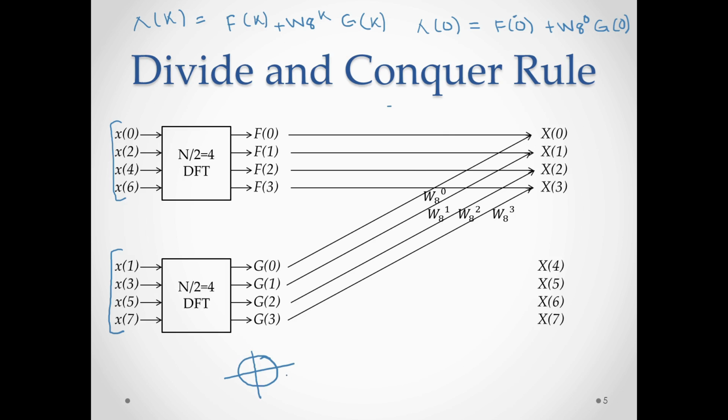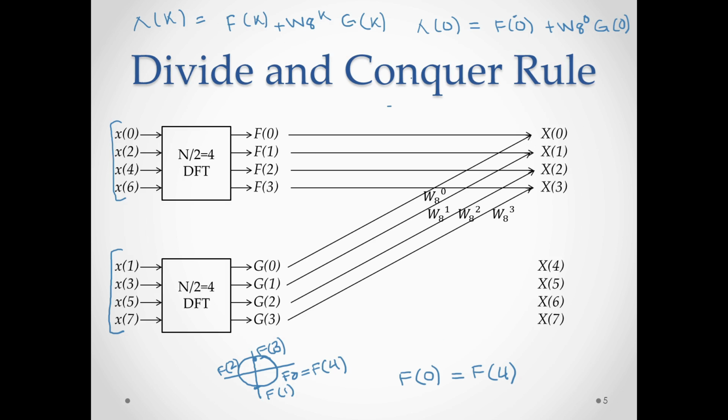In the unit circle diagram, if we were representing this as f of 0, as this is a 4-point DFT, the second term over here would be f of 1, the third term would be f of 2, the fourth term would be f of 3, the fifth term would be f of 4. So what we can see is that according to the DFT, f of 0 is equal to f of 4.